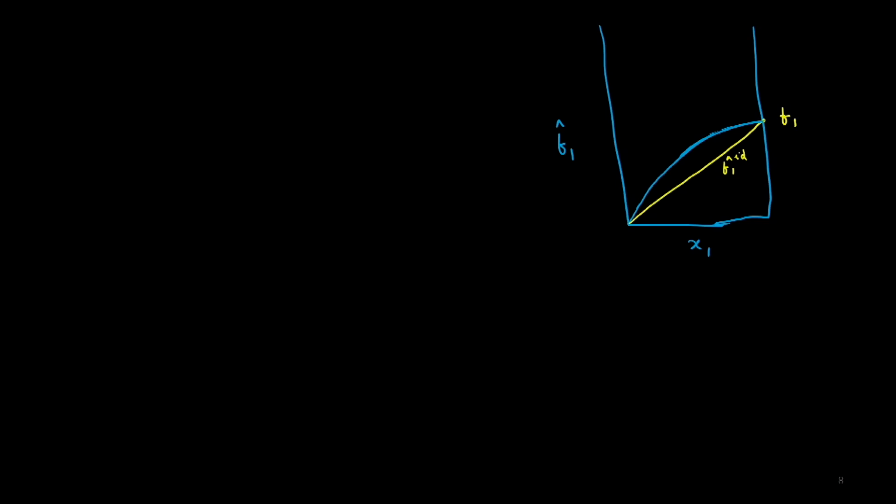Nevertheless, at the ends of the composition, in the limit x_1 going to 0, f_1 hat should go to 0, and in the limit x_1 going to 1, f_1 hat should approach f_1, right? The other thing we can note from this particular diagram is sigma x_i d mu_i is 0, because mu_i is a partial molar property and the Gibbs-Duhem equation has to hold at constant temperature and pressure.